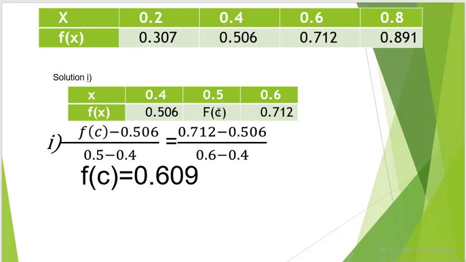Now, we are going to use the gradient method. We've already seen from that previous slide that change in y divided by change in x is equal to change in y divided by change in x. You just need to be consistent. Here we are going to do this: this minus this over this minus this is equal to this value minus this value over this value minus this value.